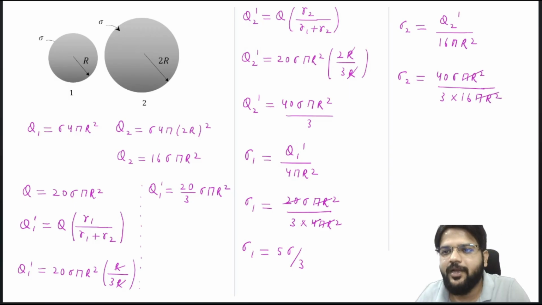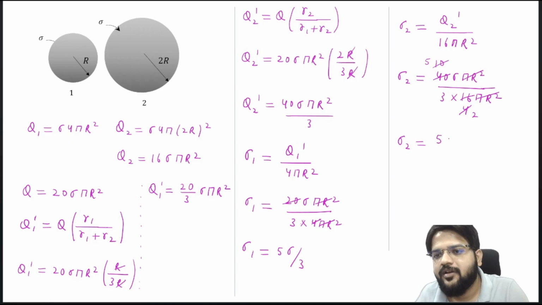Now pi r square is cancelling, and if we simplify this, 40 over 16, divide by 4, gives 10 over 4, and dividing by 2 gives 5 over 2. So finally we get 5 sigma by 6. So sigma 2 is 5 sigma by 6.